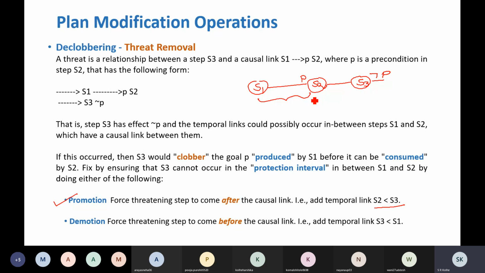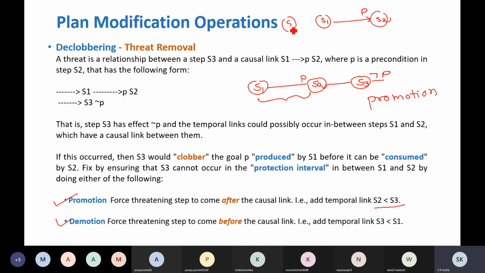Another solution is to perform demotion. This is promotion. Now in demotion, we have S1, we have S2 whose precondition is P, and we force the step S3 to come before the causal link.